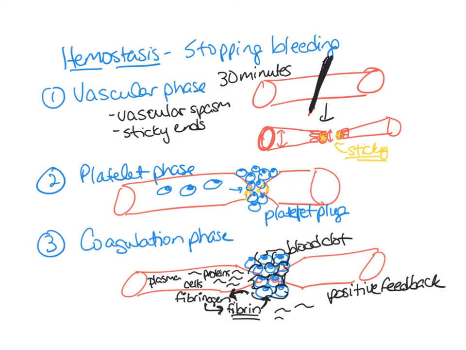Then after the blood has stopped leaking out of the blood vessel, what we'll find is that the endothelial cells of the blood vessel will kind of grow around that blood clot and connect to the other side, right? So we just kind of grow around the blood clot, connect to the other side, and now that blood vessel's intact again. But now we have to get rid of that blood clot.